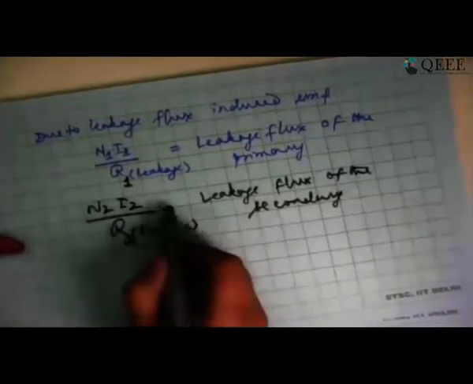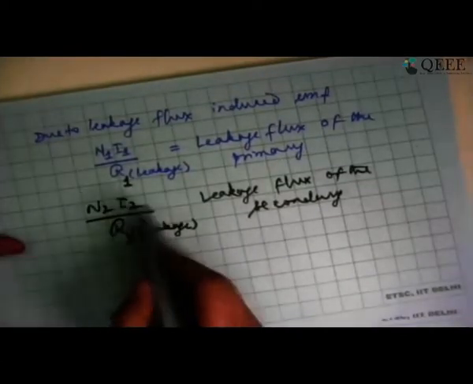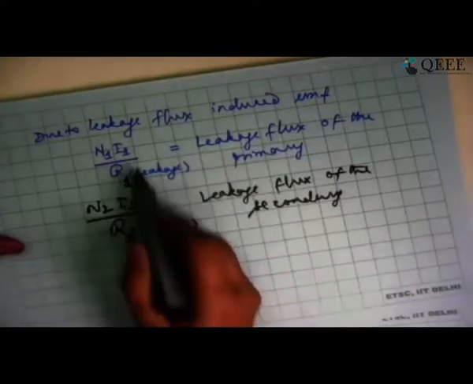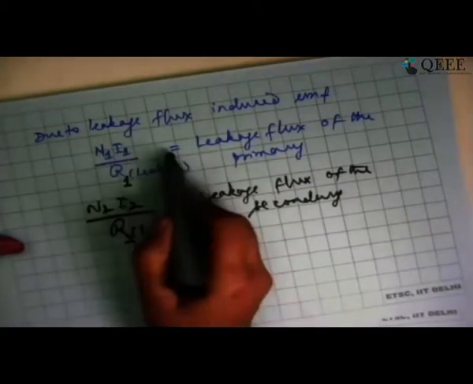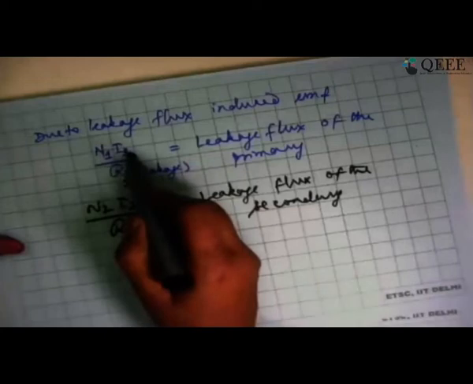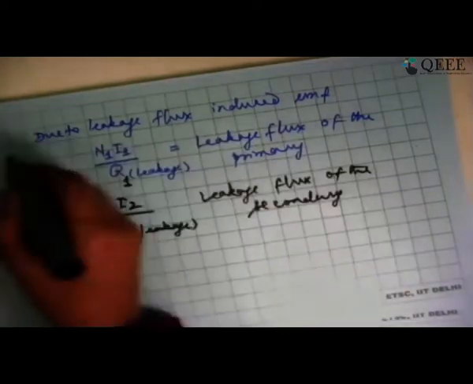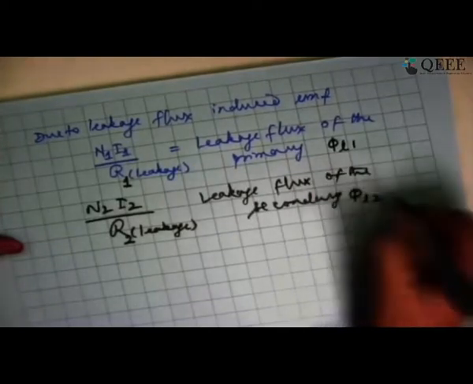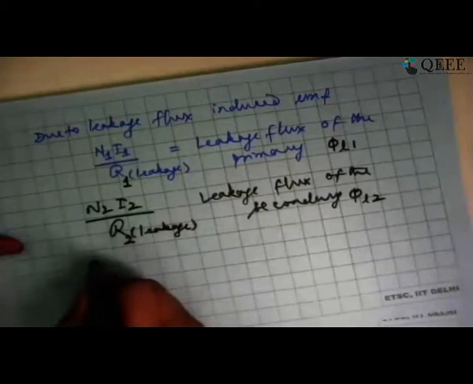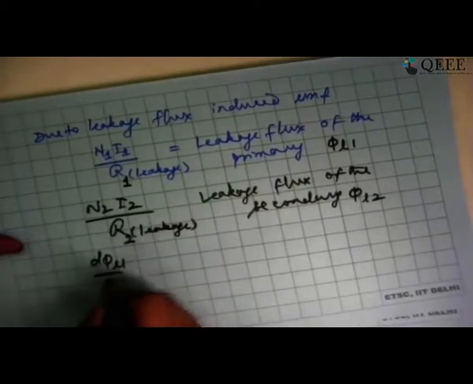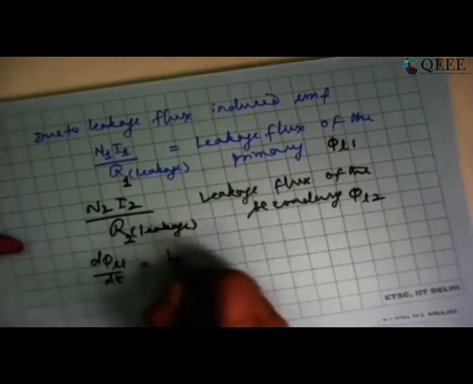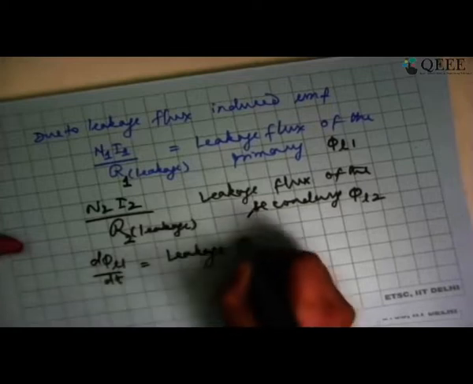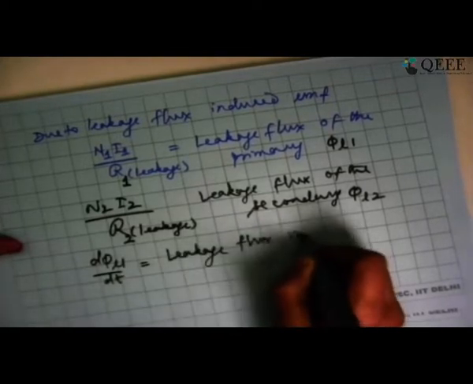Now you can very clearly see that this leakage flux is proportional to I1. And if I call this as phi L1, this as phi L2, I'm going to have d phi L1 by dt will be the leakage flux induced EMF.